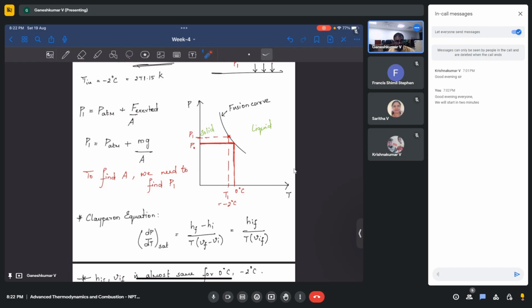Basically, enthalpy is constant in the throttling process, and it has something to do with chemical potential, so it will be in the coming weeks' lectures. So we use it during the phase change process. Only during phase change processes do we use the Clapeyron equation and the Clausius-Clapeyron equation, to find saturation pressure and temperature. Okay, sir.